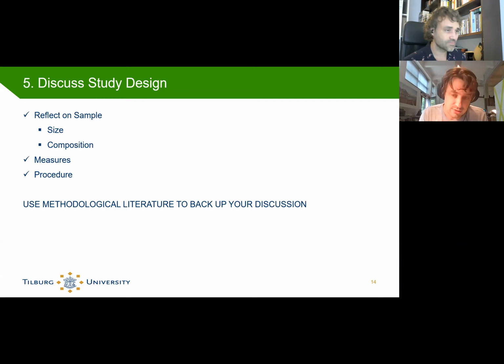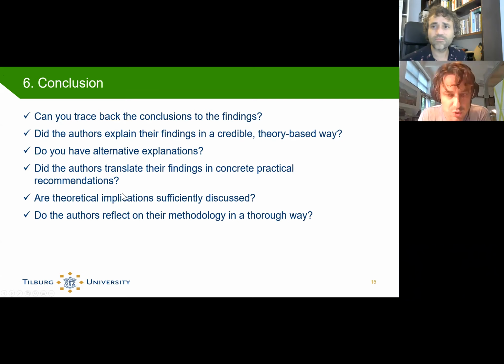Okay, the final element of the paper is obviously the conclusion and discussion. There are a lot of errors that are being made there, or a lot of things you can comment on. It doesn't have to be errors. It can also be a different approach to the findings. Sometimes there's misalignment between what the paper has actually found and the conclusions that they're drawing.